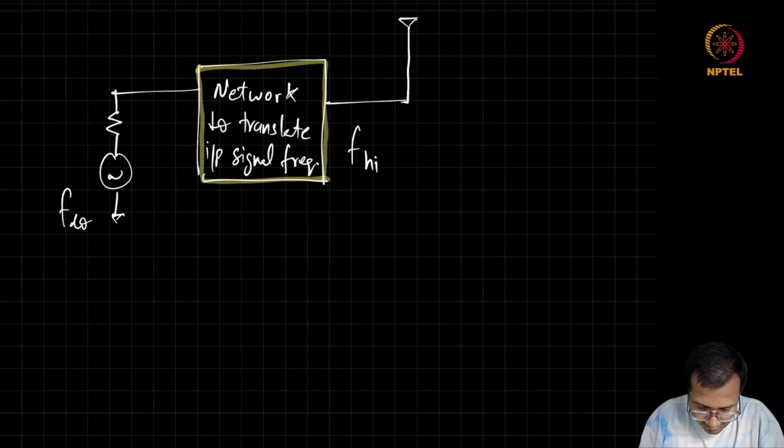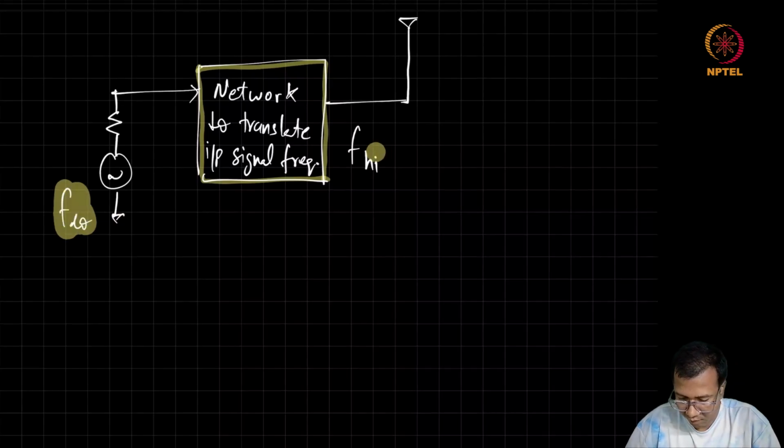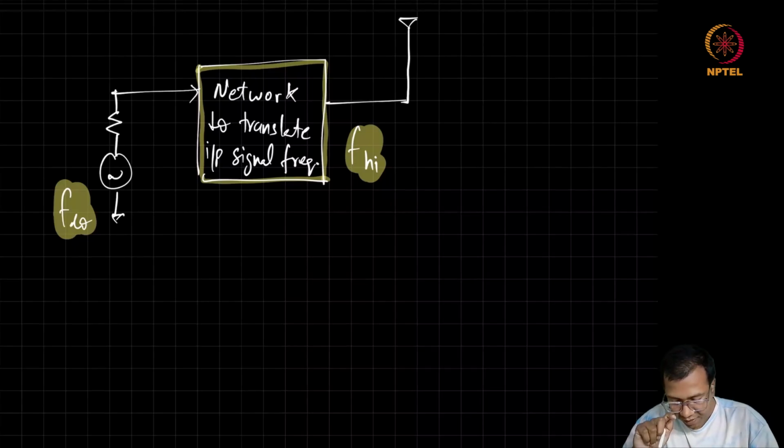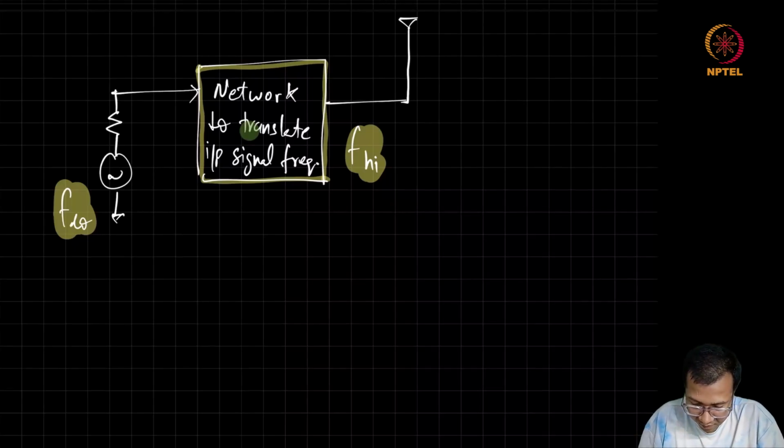So this is really important. We want to convert from F low to F high. And in between, definitely just short circuiting won't work out. We have to add and do some signal processing here. The next job is going to be to figure out what kind of network we can insert in between, which can result in this frequency translation. Okay.